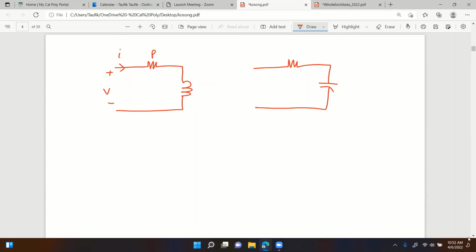R, L, V, I, R, C. Okay. Can you guess the value of the power factor? Not a number, but just a guess. Is it going to be 0 or 1 or anything in between? What do you think for the first one?